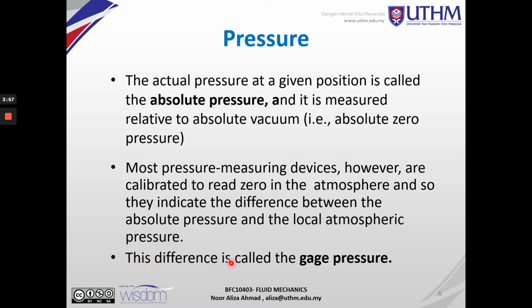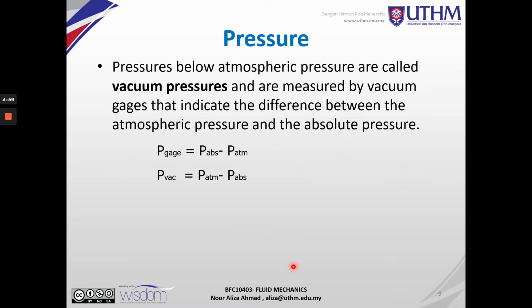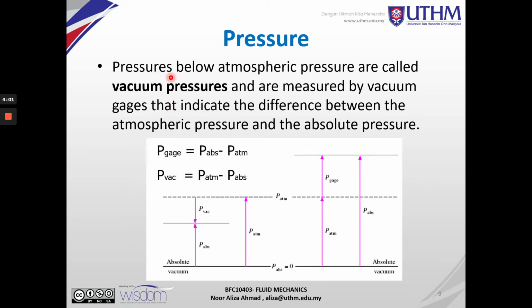This difference is called the gauge pressure. Pressure below atmospheric pressure is called vacuum pressure, and it is measured by a vacuum gauge that indicates the difference between the atmospheric pressure and the absolute pressure.